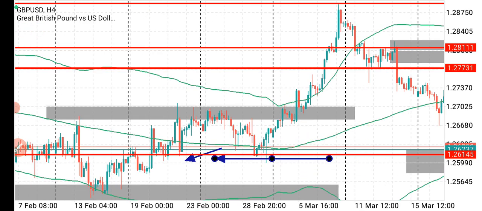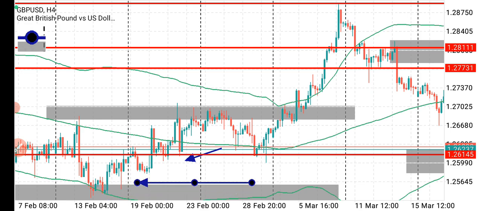And then here is another confirmation. Price came from this support, broke through this resistance, first bottom, second bottom. Now look at confirmation from this zone.